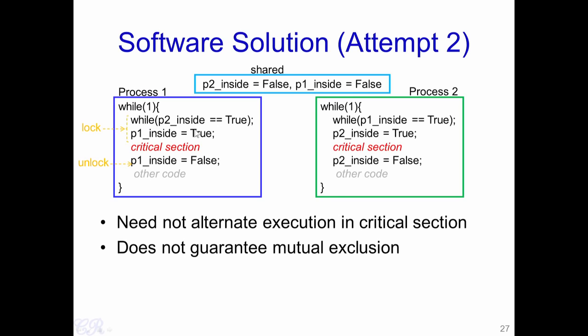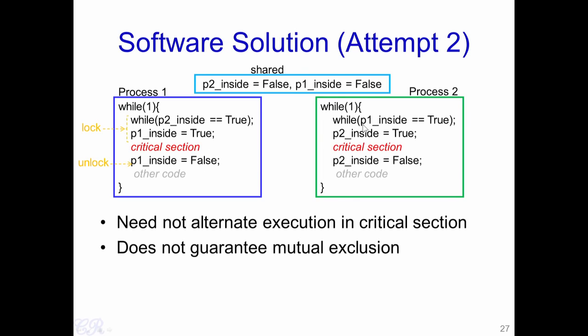If P2 underscore inside is true, it would mean that the second process is executing in the critical section. Then it sets its own flag, that is P1 underscore inside, to true and executes in the critical section, while at the exit of the critical section it sets P1 underscore inside to false.